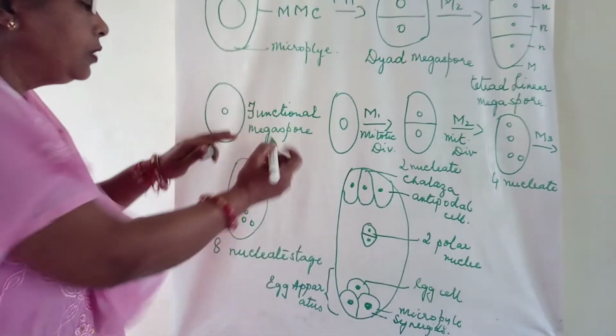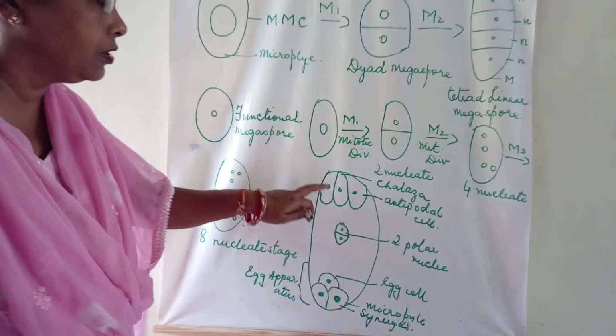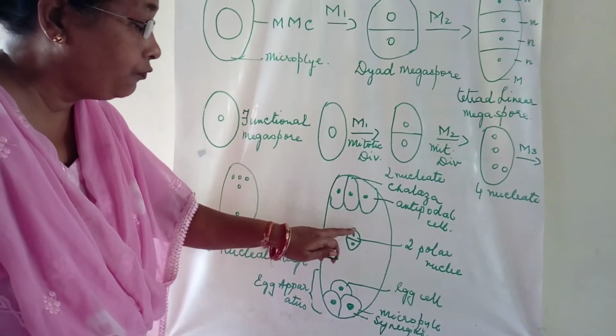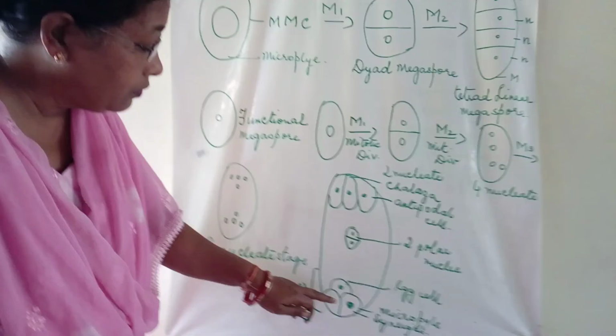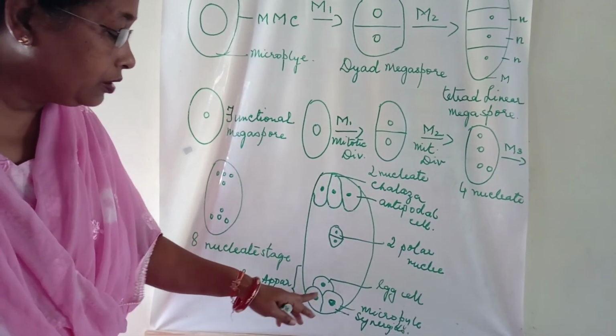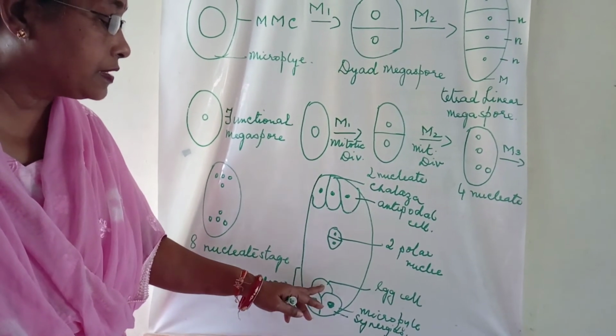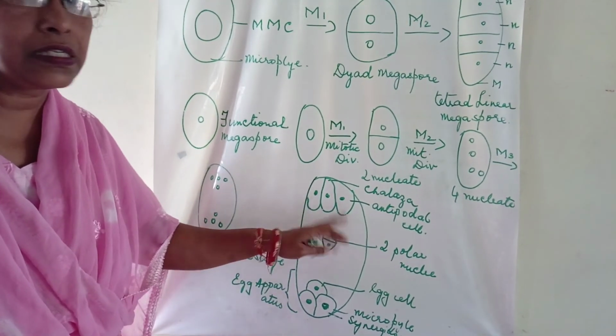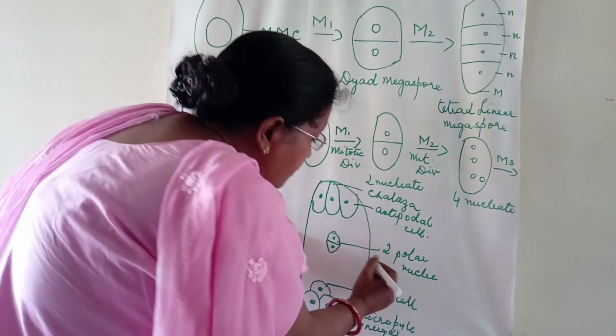It is an 8 nuclei and 7 cell structure. 1, 2, 3, 4, 5, 6, 7 cells. Three antipodals are there, two synergids, one egg cell and one large central cell. This is the central cell.